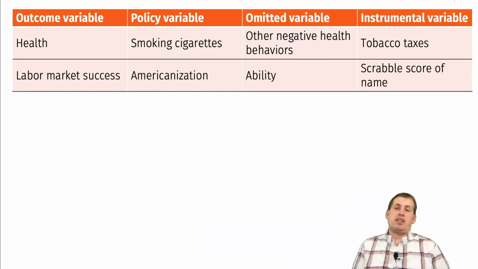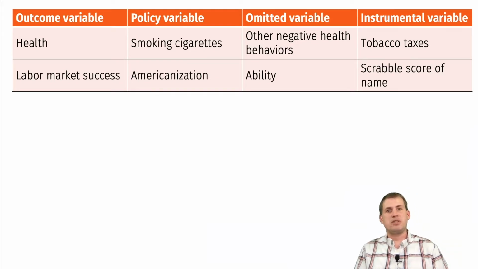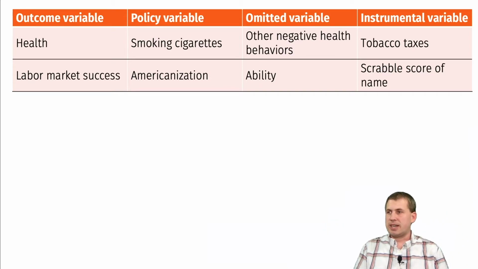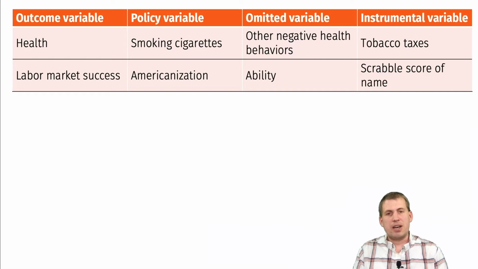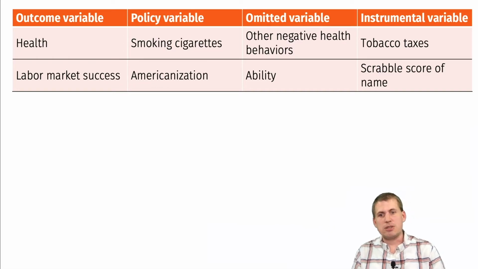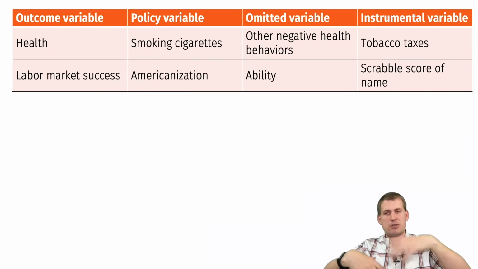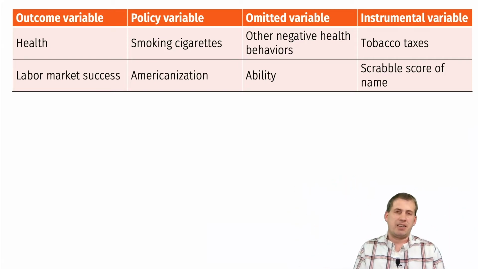My favorite example of a weird, confusing instrument that makes you say, huh, is this story here that some researchers have looked at to see what the effect of Americanization is on labor market success. Americanization meaning integration into the labor market and into greater society, learning English, finding neighbors, incorporating your social circles into your neighbors' social circles, that kind of stuff.